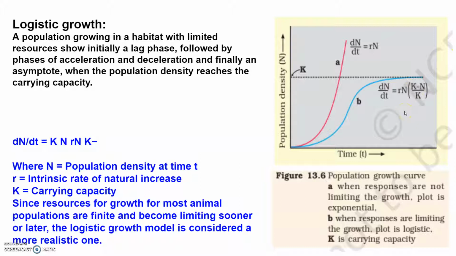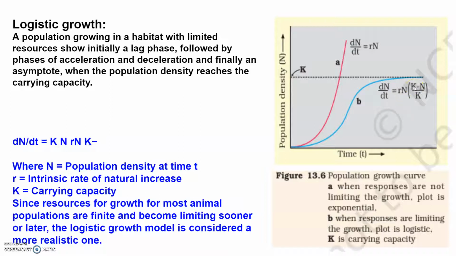So a plot of N in relation to time results in the sigmoid curve. This S-shaped sigmoid curve, and this type of population growth is called Verhulst-Pearl logistic growth, and it is described by this equation where dN/dt is equal to rN (K minus N) upon K, where N is the population density at time t, r stands for intrinsic rate of natural increase, and K stands for the carrying capacity.